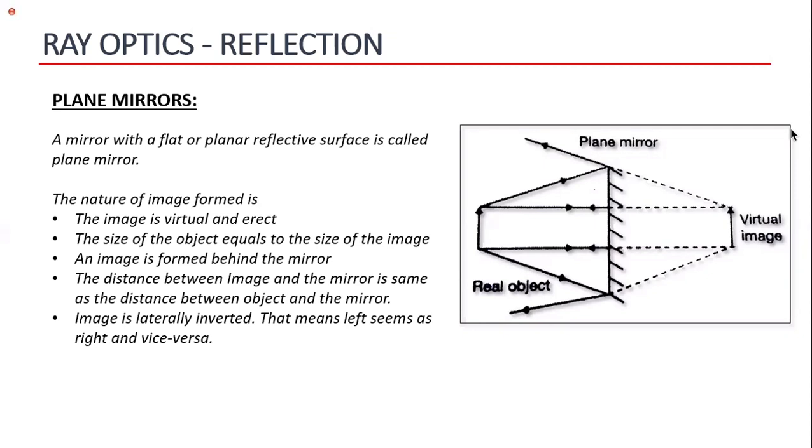So a plane mirror means one side is a reflecting surface, the other is silvered.